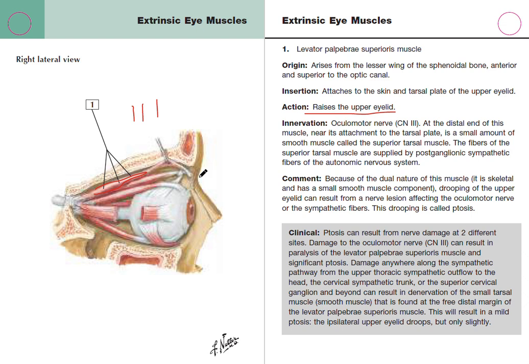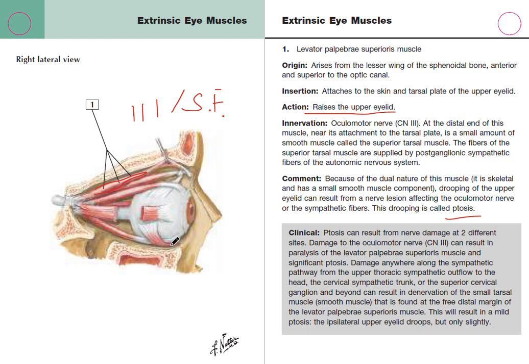Because of the dual nature of the levator palpebrae superioris, it is skeletal and has a small smooth muscle component. Drooping of the upper eyelid can result from a nerve lesion affecting either the oculomotor nerve or the sympathetic fibers, or both. This drooping is called ptosis.